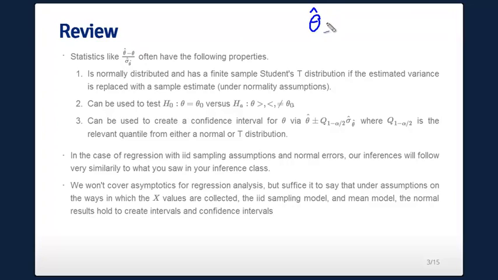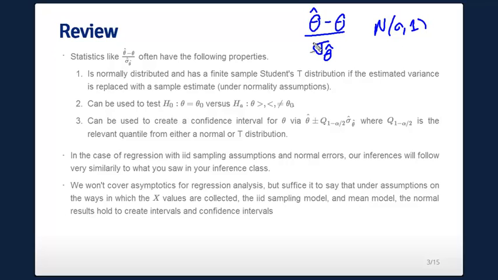So if we have an estimator theta hat, and we subtract off its true value, theta, and divide by its standard error, sigma of theta hat, that's the square root of the variance of theta hat. That often has a normal 0, 1 distribution for large sample sizes, if there's some sort of IID-ness built into the problem somewhere, like our IID errors.